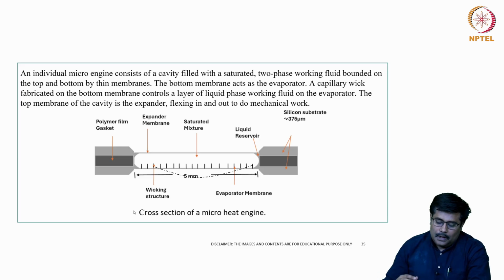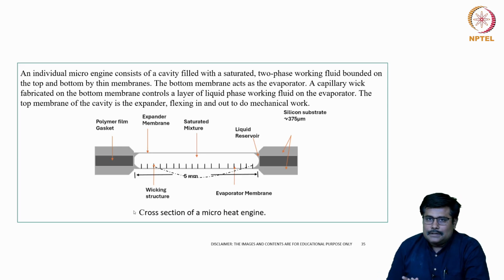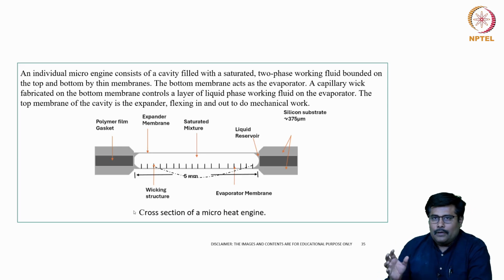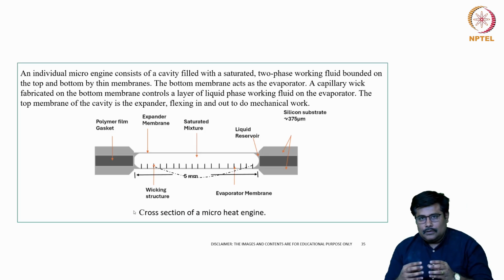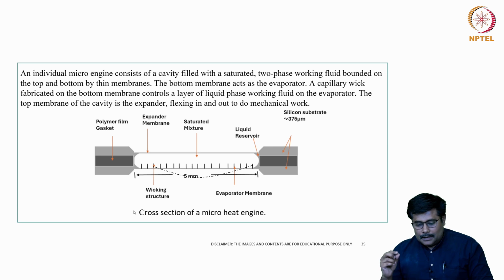Okay. Now, let us take one more case study, where micro heat engines are deployed. If you look into the construction of this micro heat engine, there is a polymer gasket, then an expander membrane, a saturated mixture and a liquid reservoir.